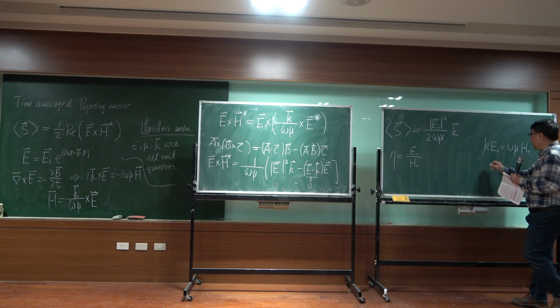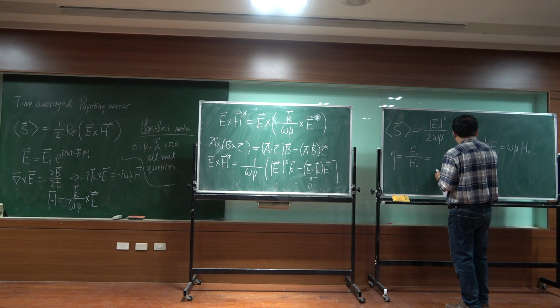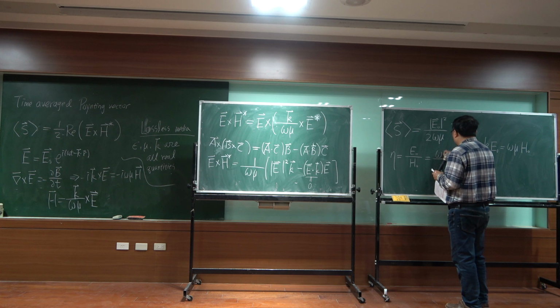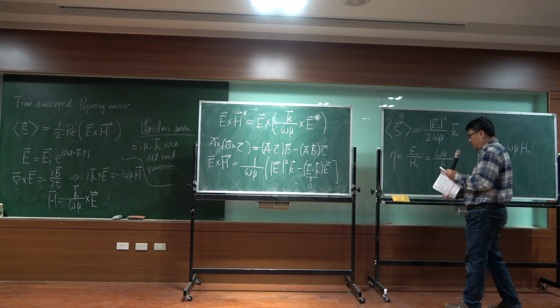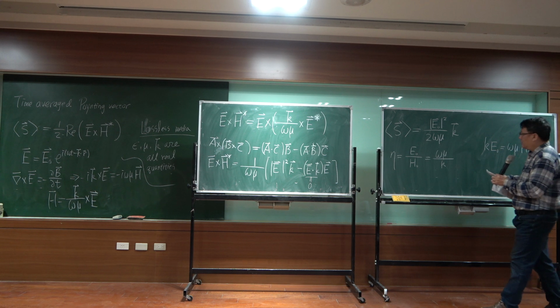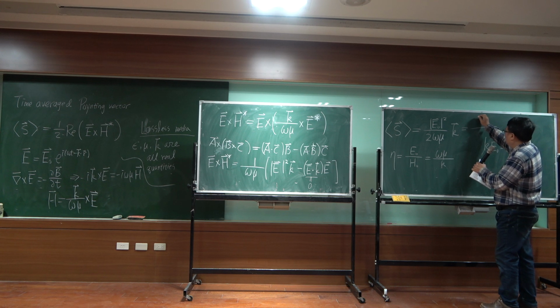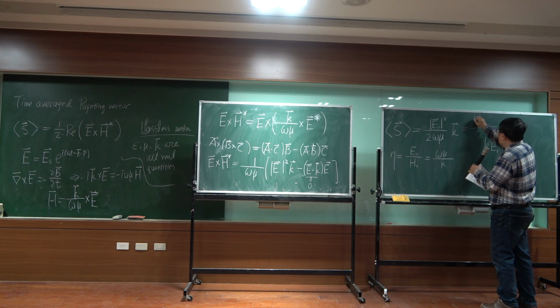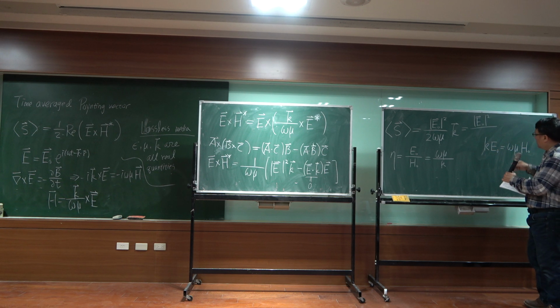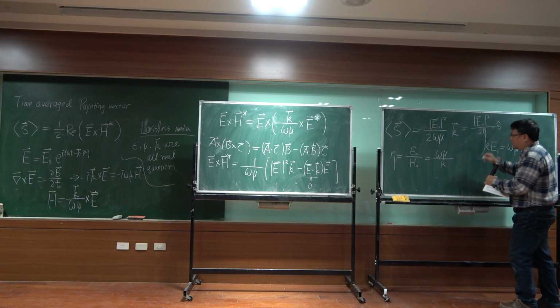So we have eta as omega mu over k. So this gives us S equal to E0's absolute square over 2 eta times the direction of propagation.